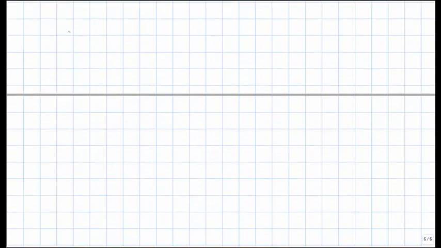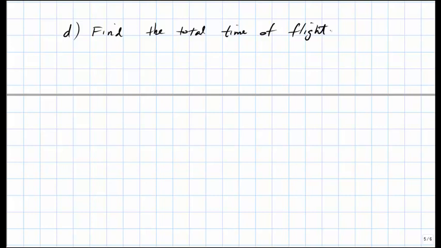So again, in part D, we want to determine the total time of flight. And we've determined that this equation will solve it for us: y equals V0t minus 1/2 gt squared.